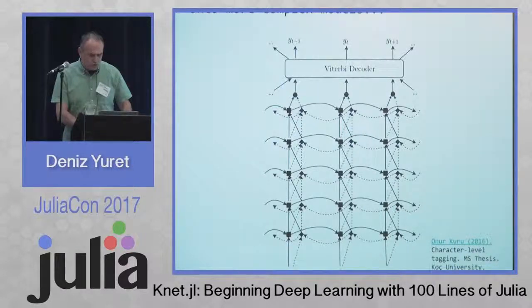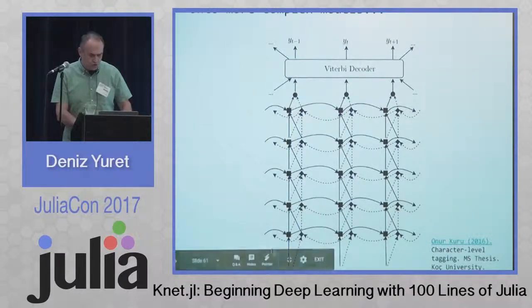why we need a language like Julia, I want to show you some of the more modern models that are being used right now. So this is actually a bidirectional LSTM. You just saw LSTM in Mike's talk. Each of these dots is one of those LSTMs.